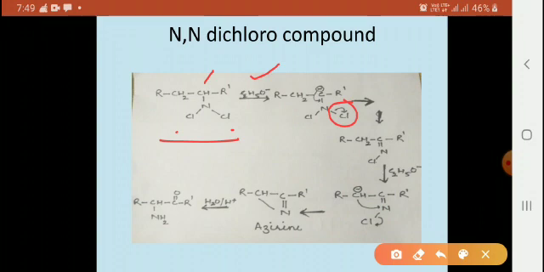Now the reaction is the same as in ketoxime. A second molecule of base reacts with the alpha hydrogen, and this negative charge moves to the nitrogen to form a three-membered ring after eliminating the Cl. Azirine on hydrolysis forms the alpha aminoketone.